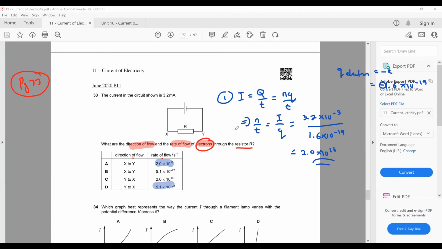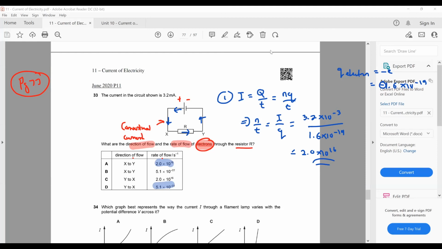Now, notice that the question asks about electrons. If you're talking about the direction of conventional current, it flows from your positive terminal to negative terminal. This is conventional current, the current that we always use. But the question wants electron flow.